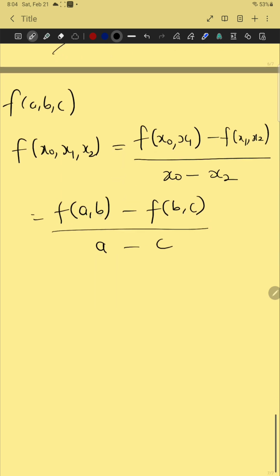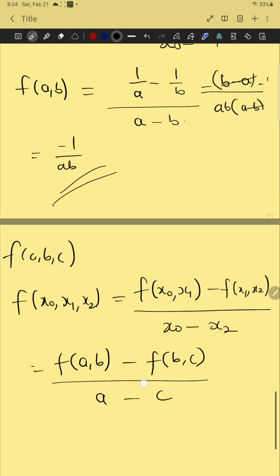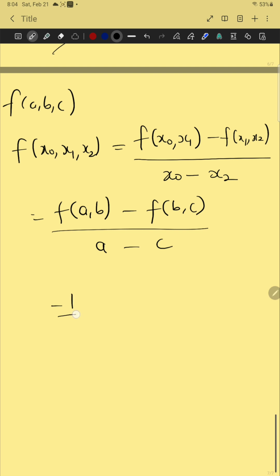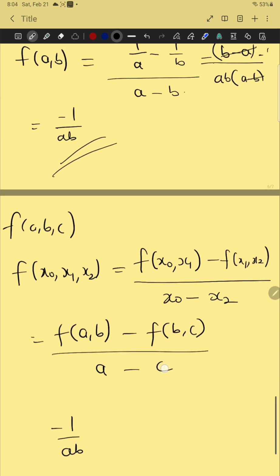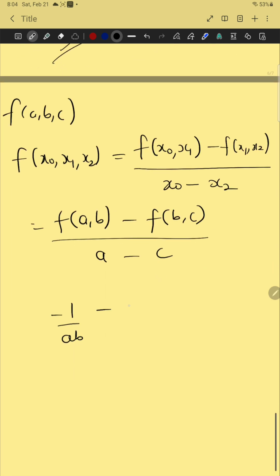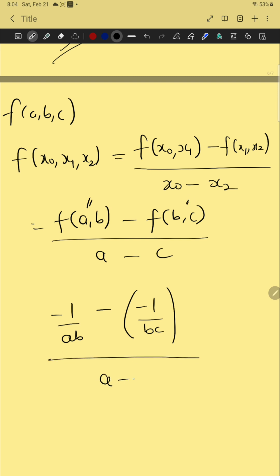So what is f of a, comma b? We have done that already before. That's minus 1 over ab. What will be f of b, comma c? It will also be minus 1 over bc by common sense. Do you understand? If by ab we have minus 1 over ab, then by bc it will be minus 1 over bc, divided by a minus c.